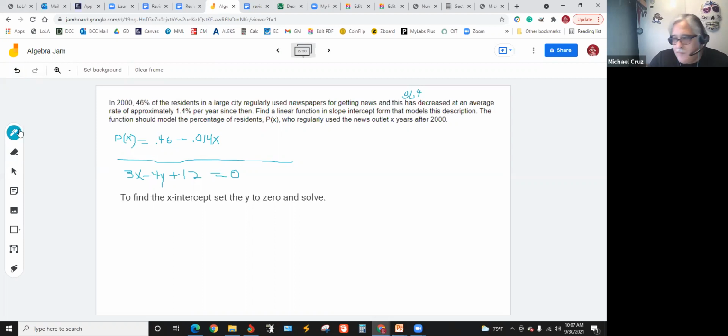But let's just do it. We got enough time to put it in here. So y is equal to 0. So that means 3x minus 4 times 0, which is just 0. I'm just putting it in there in case people wonder what happened to it.